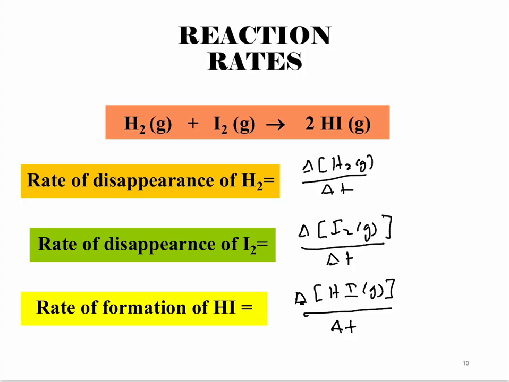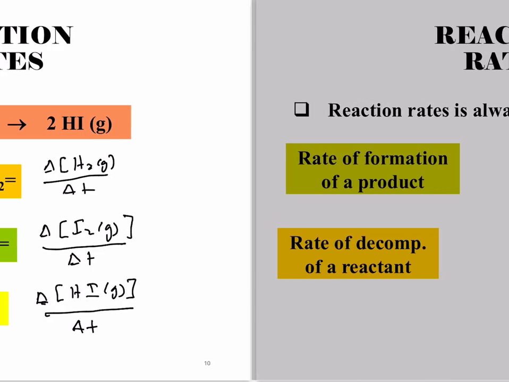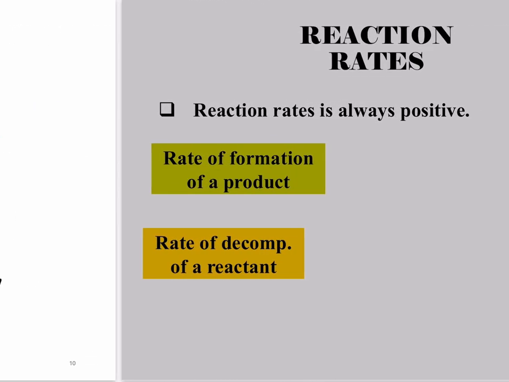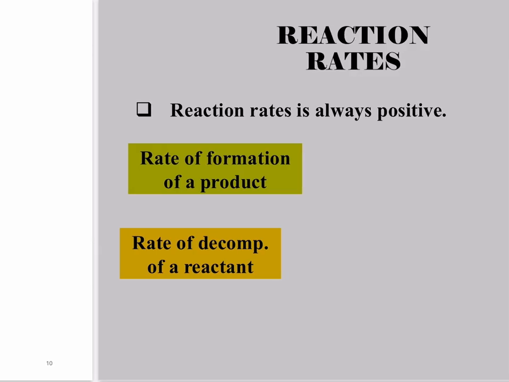What we're looking at here is, well, what is the change in the concentration of just this species? And the same thing for I2 and HI. And so how are these going to be related to the overall reaction rate?